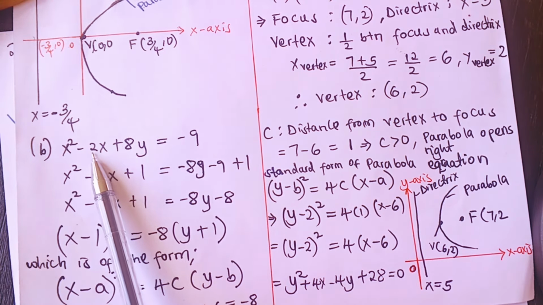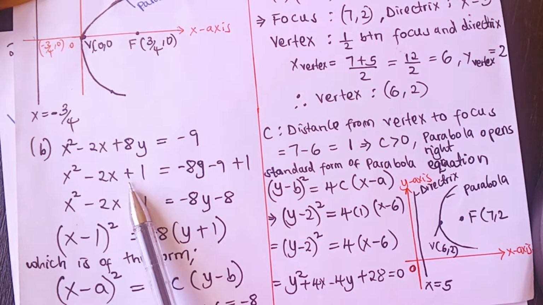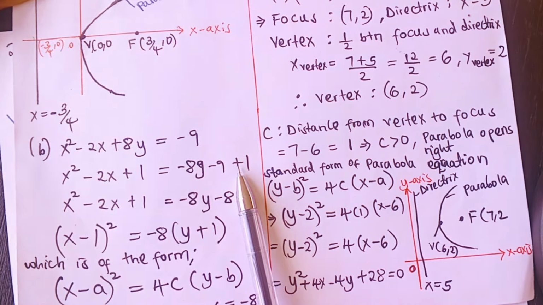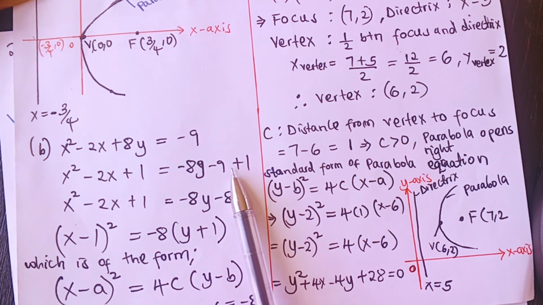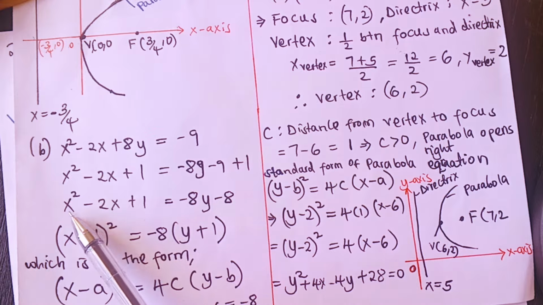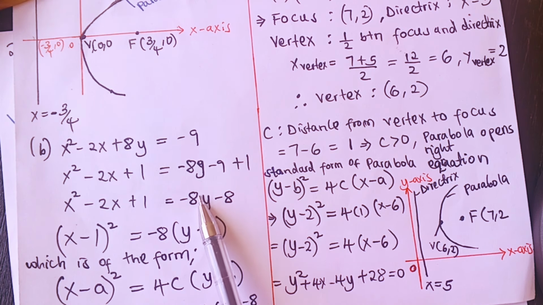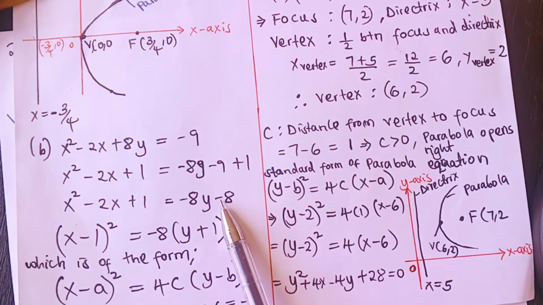Here you take half of 2, which is negative 1; negative 1 squared gives you plus 1. Then this will also be added on the right-hand side, so plus 1 also on the right. Then it's x squared minus 2x plus 1 is equal to negative 8y; negative 9 plus 1 gives you negative 8.